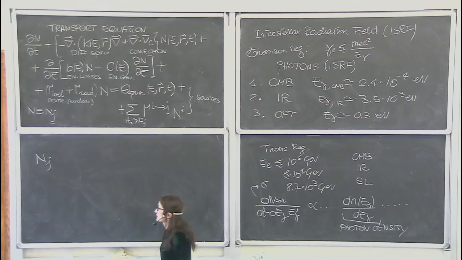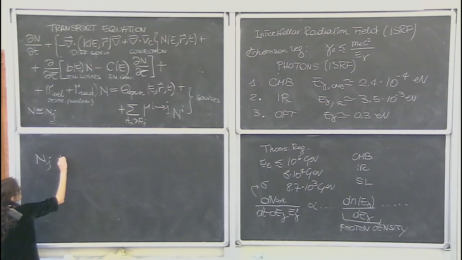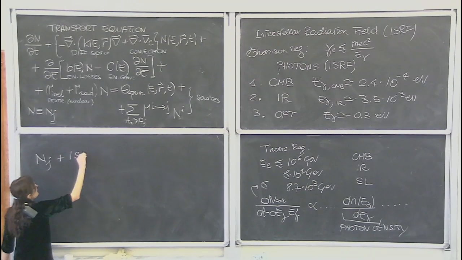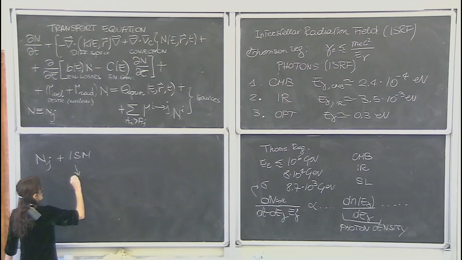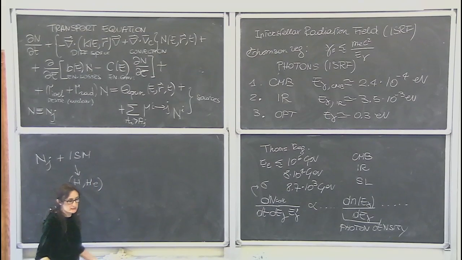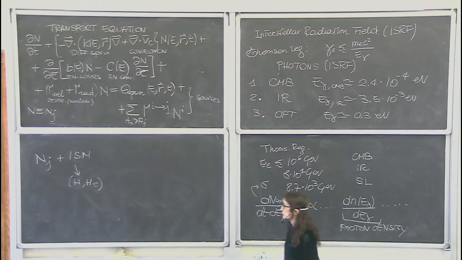This little guy can interact in a catastrophic way with the interstellar medium nuclei, which are, again, always made of hydrogen and helium. These are kind of relics of the Big Bang, the proportion.